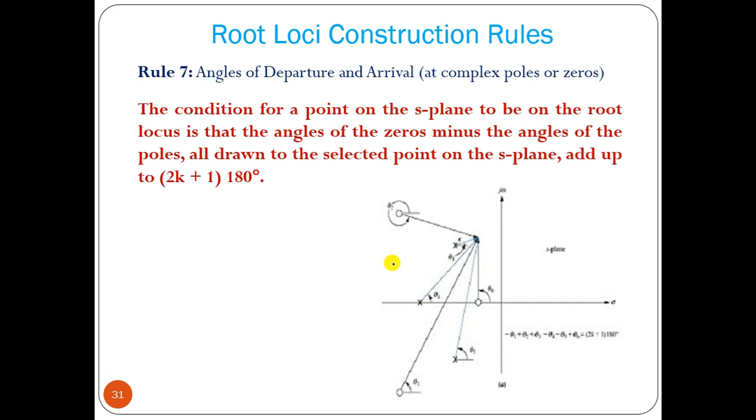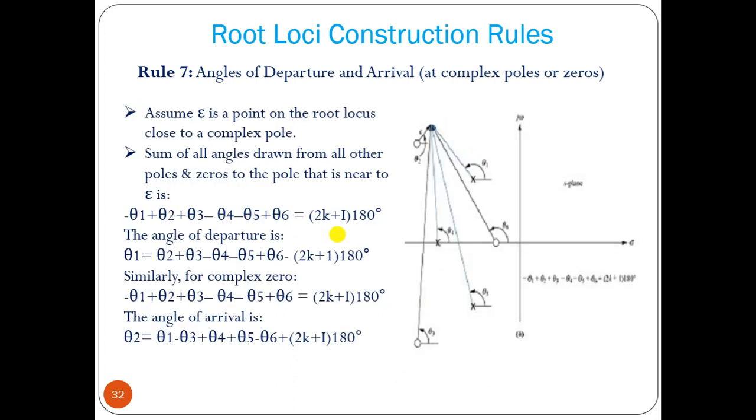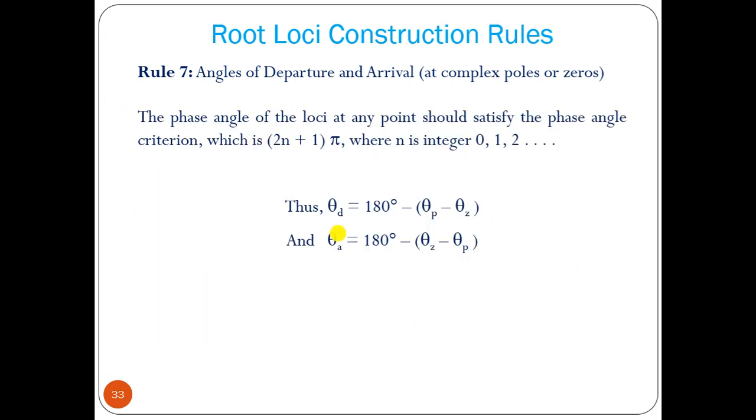Now how can we find it? For that we have to consider the angle condition. Let me just tell you the basic formula: angle of departure is 180 degrees minus the angle of all poles minus the angle of all zeros. Angle of arrival is 180 degrees minus the angle of zero minus the angle of pole.